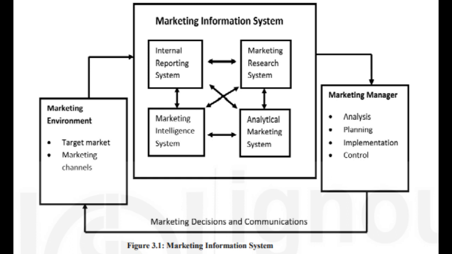Though Marketing Intelligence System appears quite similar to Marketing Research System, the two systems are different from each other. While Marketing Intelligence System collects information of a general nature on a regular basis, Marketing Research System is employed for gathering specific information as required to solve a specific marketing problem.